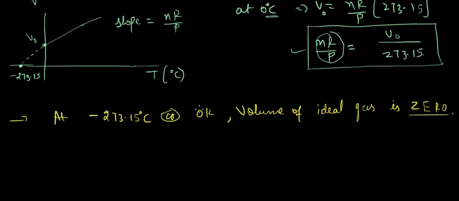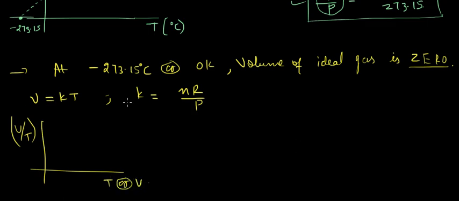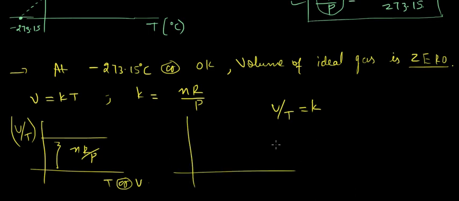We write that V equals KT, and K equals nR by P, taking T in Kelvin. What would be the nature of the graph between V upon T and T, or V? We know that V upon T is again equal to a constant, hence the Y intercept would be nR by P. It doesn't matter which axis we choose, whether T or V.